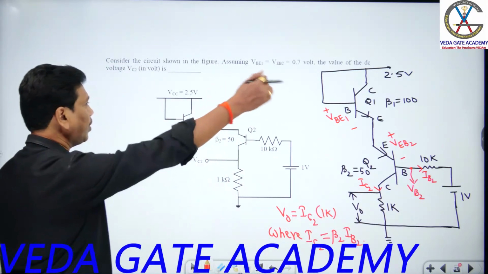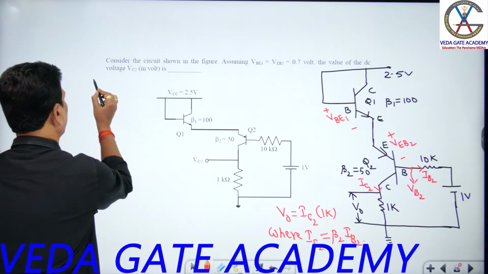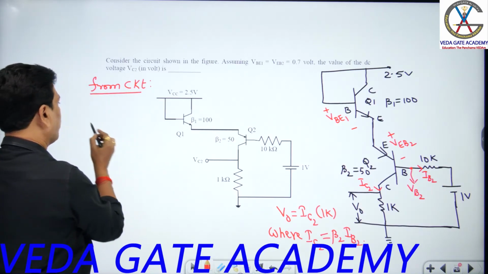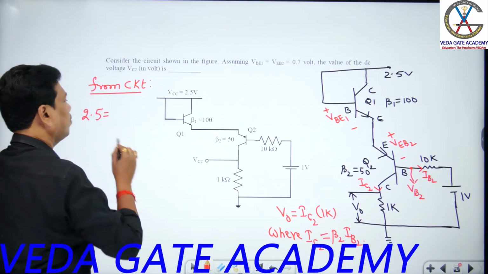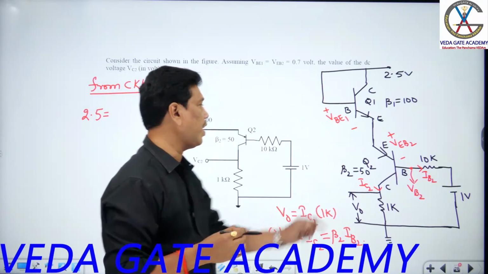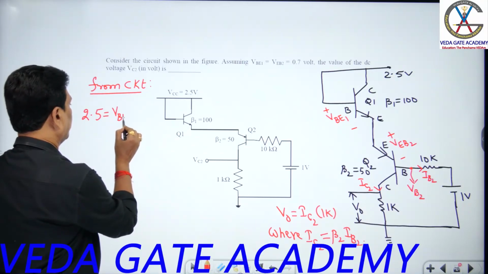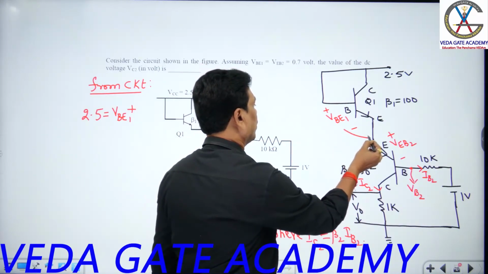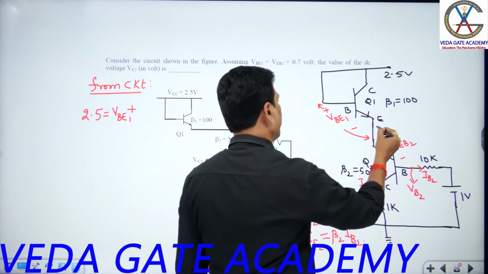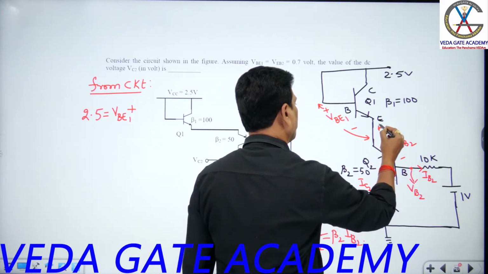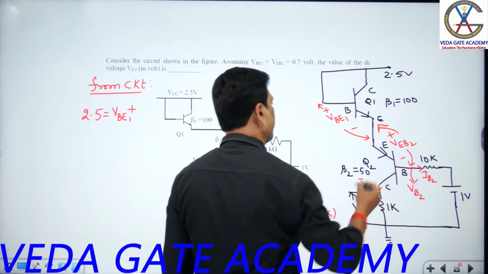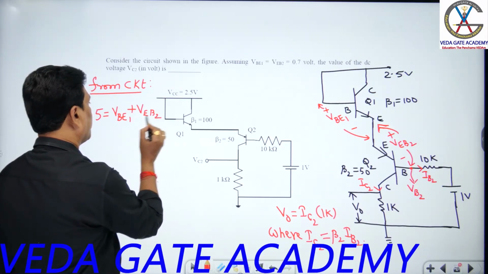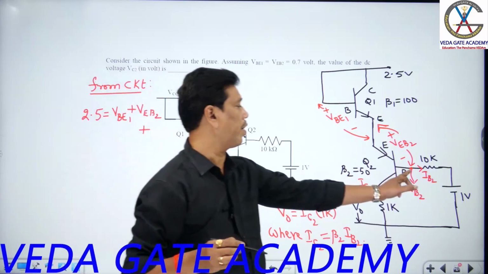Okay, check now. From the circuit, 2.5 equals, this is the supply, nothing is dropped here, VB1 plus, from here to here the drop is VB1, students, then the drop is VEB2, students, plus from this to ground I can call VB2.